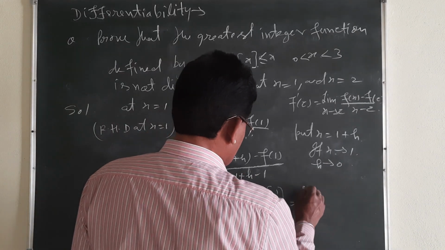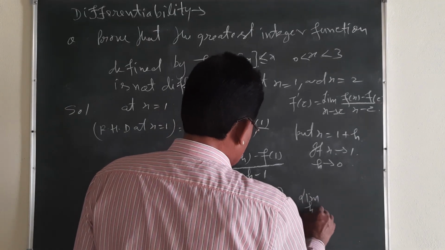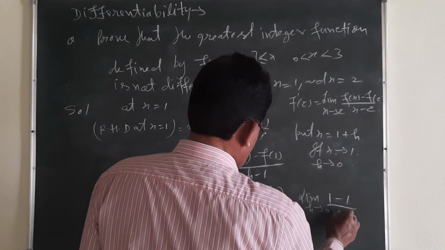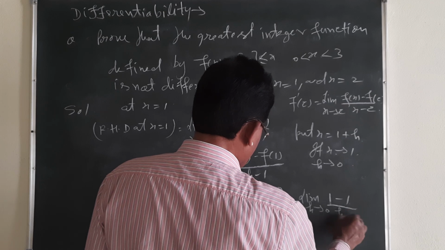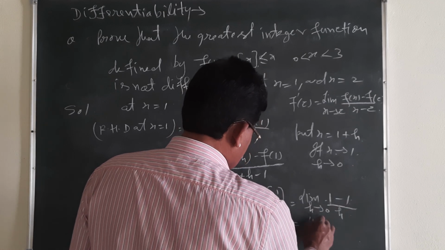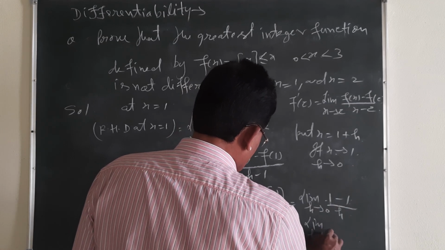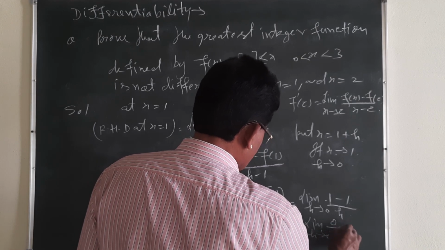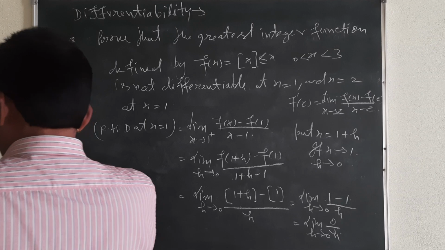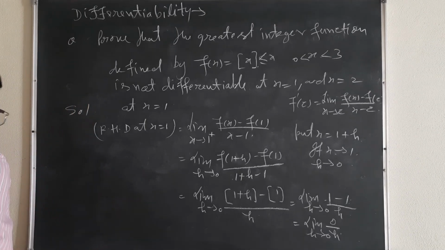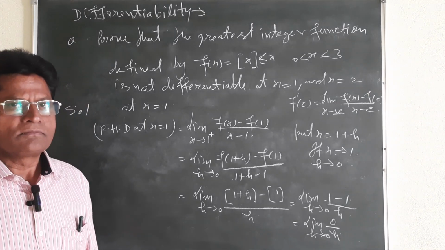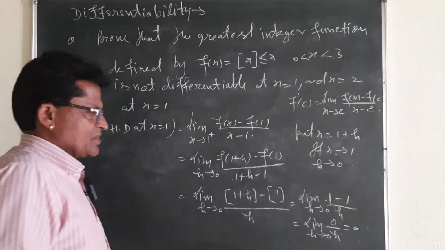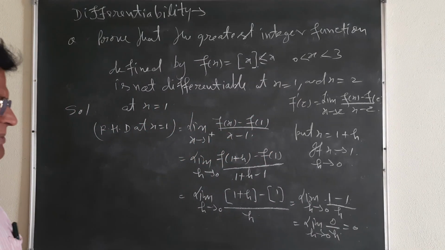That is why you take limit h tends to 0, its value is 1, and minus 1 upon h will be 0, h tends to 0, and 0 upon h. Dear student, you see, its value will be 0, because 0 divided by anyone will be equal to 0.